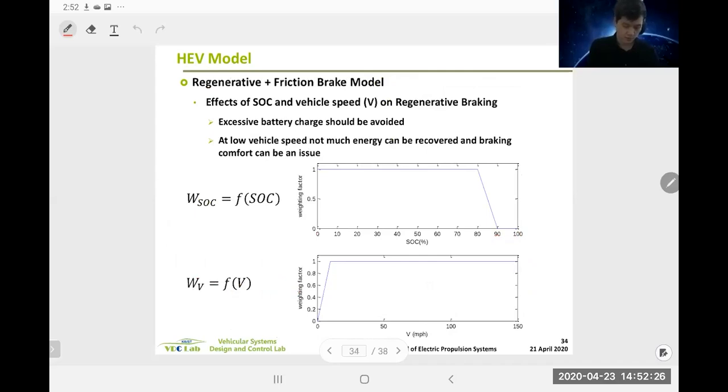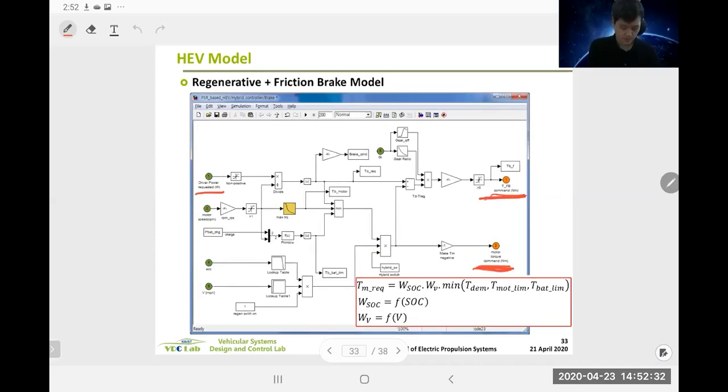So going back to the motor, basically we are trying to determine how much motor torque should be commanded.